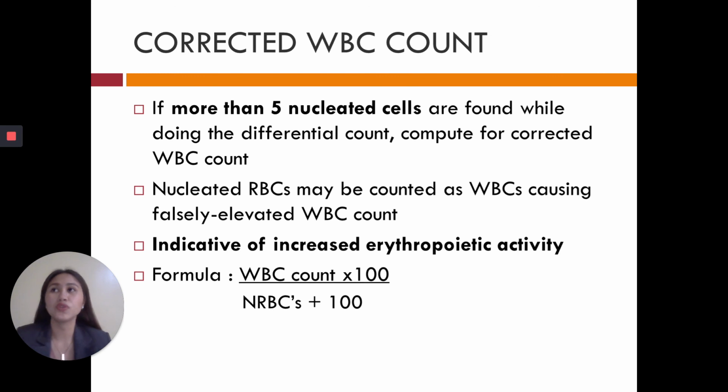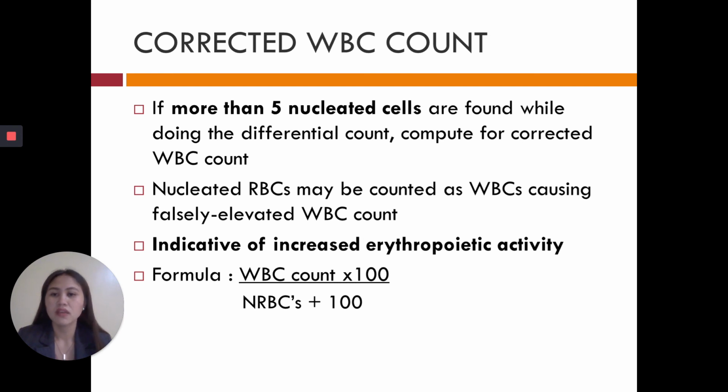If you report it to the physician that the patient has this kind of WBC, but you disregard correcting the WBC count, then you're giving the physician an impression that the patient has an infection, and that's not good.